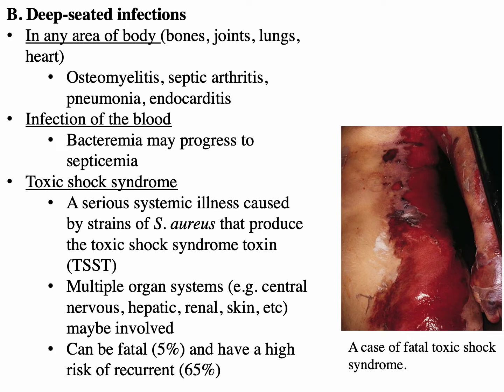So remember that TSST toxin that I mentioned, coming from a contaminated tampon, and this is one of them. So this is the way the toxin enters the body, affecting multiple organs. So whether it's the central nervous system, hepatic, obviously the liver, and then your kidney, and the skin, etc. Multiple organs are affected by the toxin.